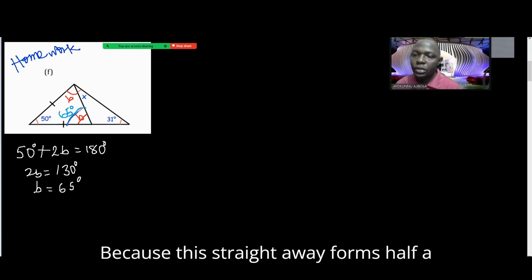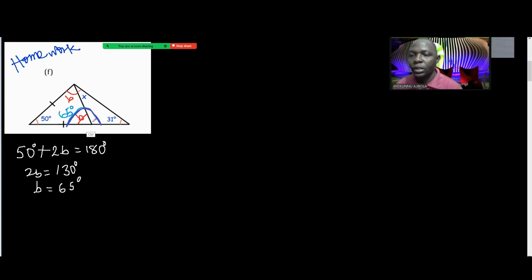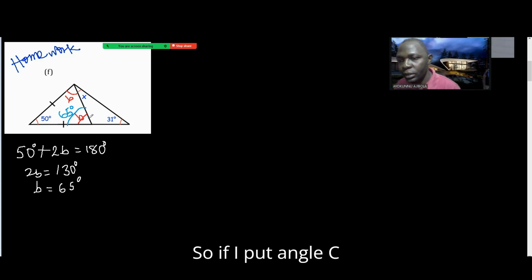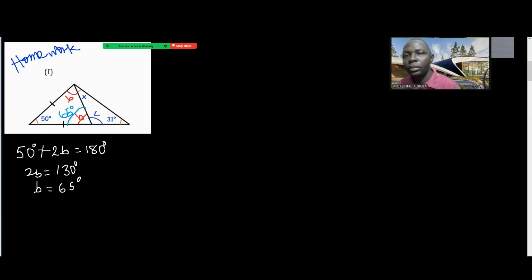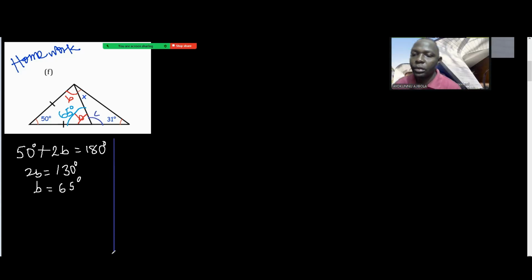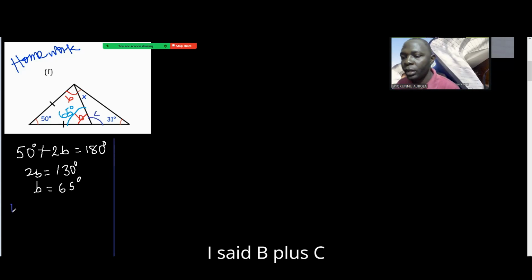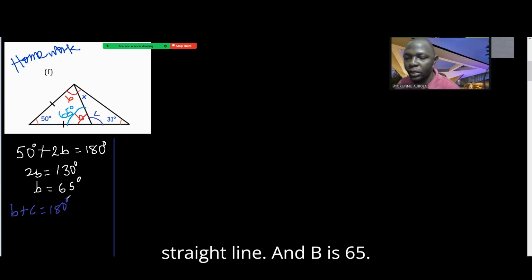Because this straight line forms half a circle, which is 180 degrees. So if I put angle C here, I would say B plus C should give me 180 because they are on a straight line.